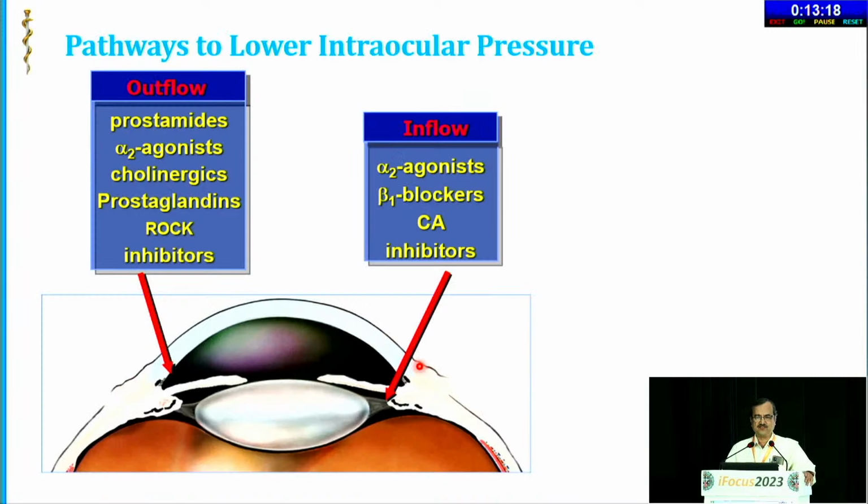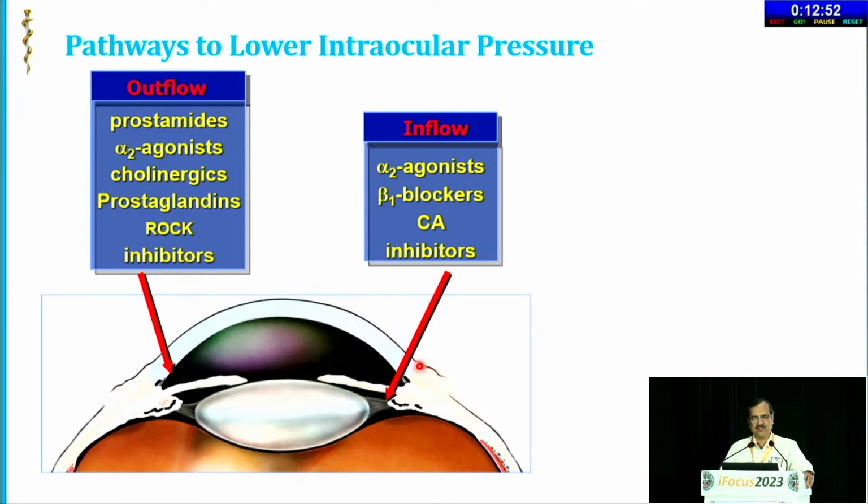So if you see the drugs available with us as of today, I'm not going into what the possible things or the coming things are, whatever is available as of now: the prostamides, the alpha-2 agonists, the cholinergics, the prostaglandins, and the ROCK inhibitors, they act by facilitating the outflow channels, either through the uveoscleral outflow or the trabecular meshwork.